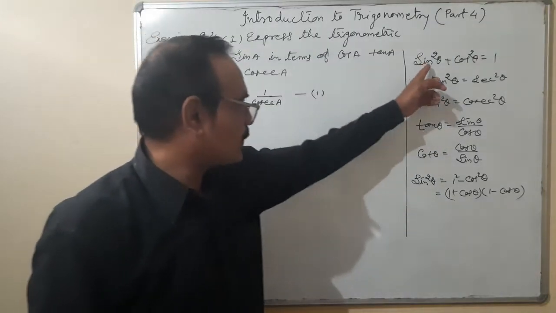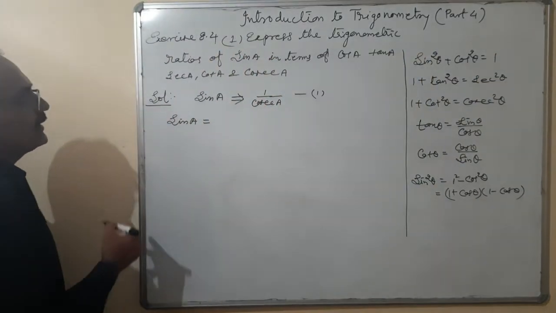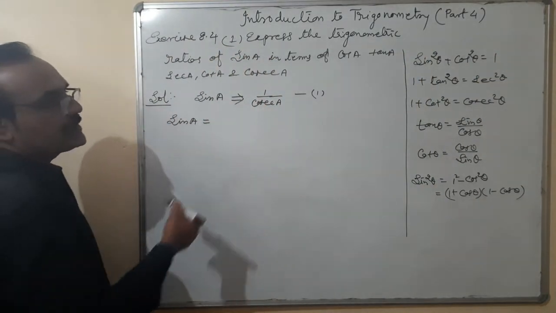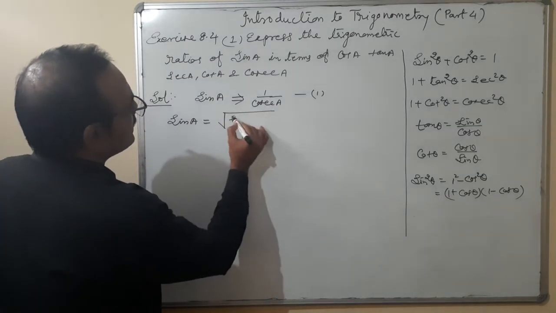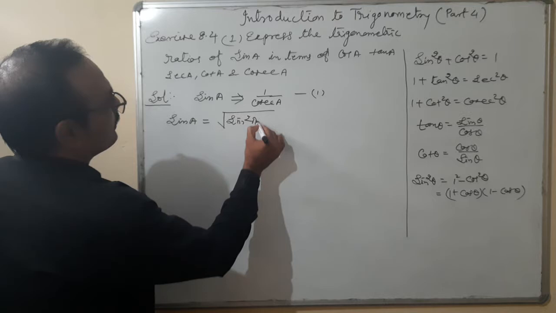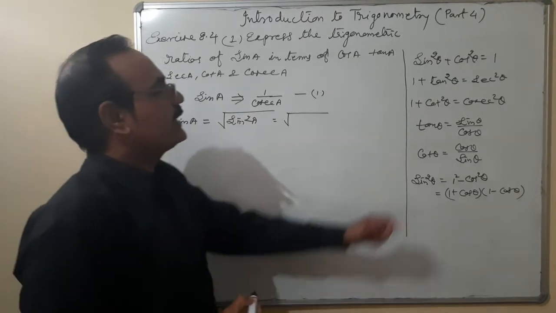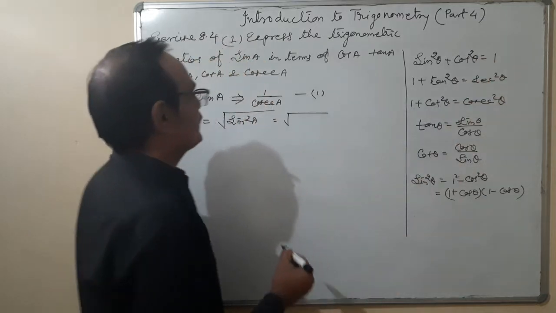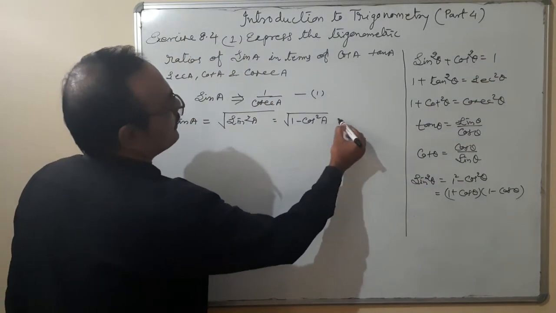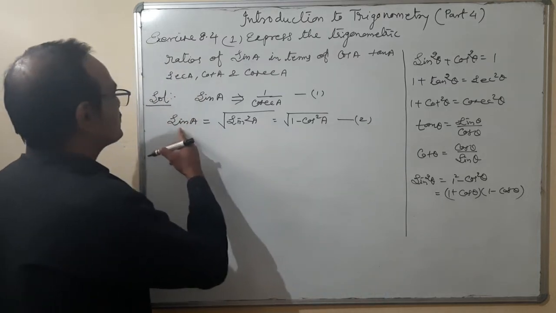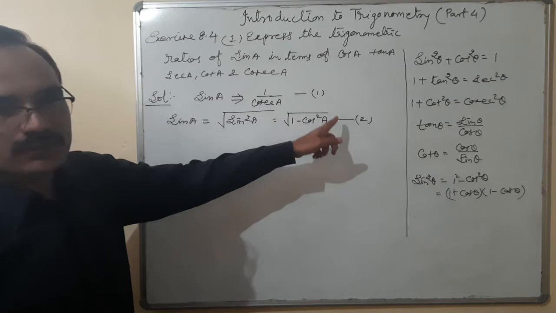That means sin square A can be written as 1 minus cos square A. So I am writing sin A, but sin A cannot be changed directly in the form of cos A. So I write under root sin square A, and under root sin square A can be written as under root 1 minus cos square A. You can see that the sin is converted into the form of cos. Sin A can be written as under root 1 minus cos square A.